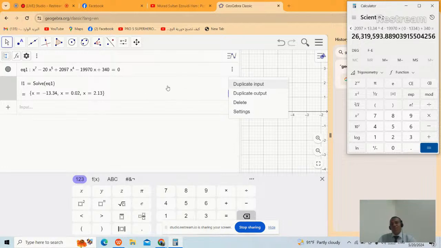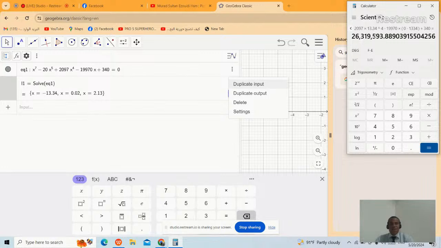So it's false. I told you about solving the equation. This is the equation. It's impossible. So you can see that Mourad Sultan Ezouidi at least focuses on GeoGebra or MATLAB, which all professors use, and they give us a wrong answer.